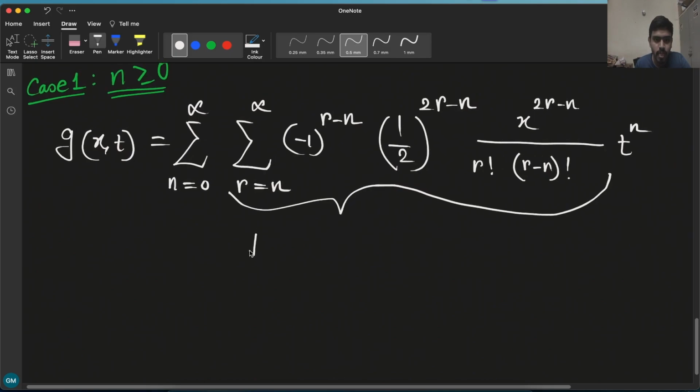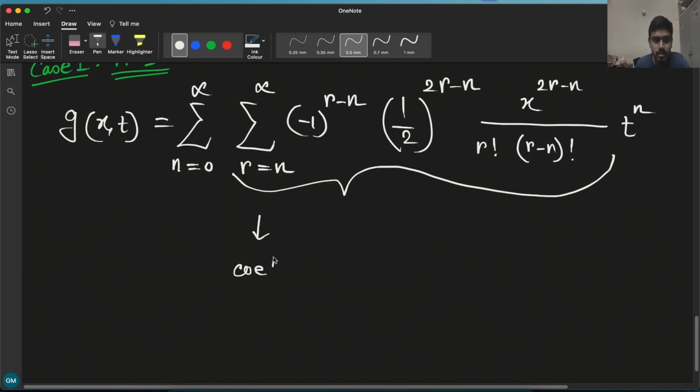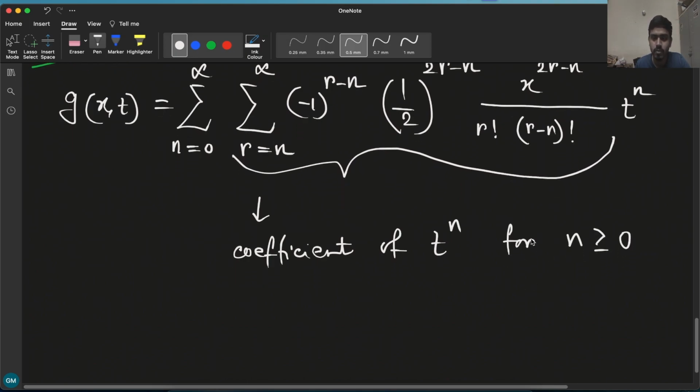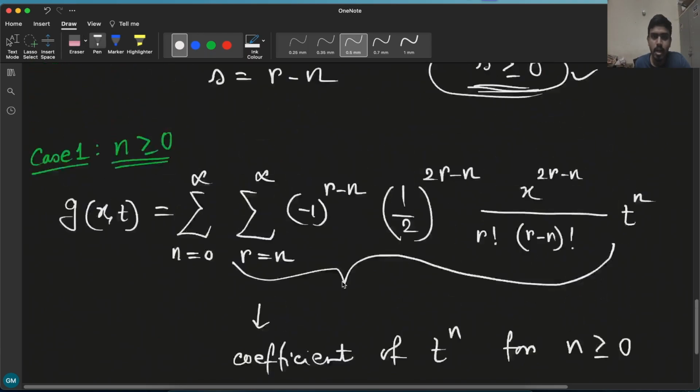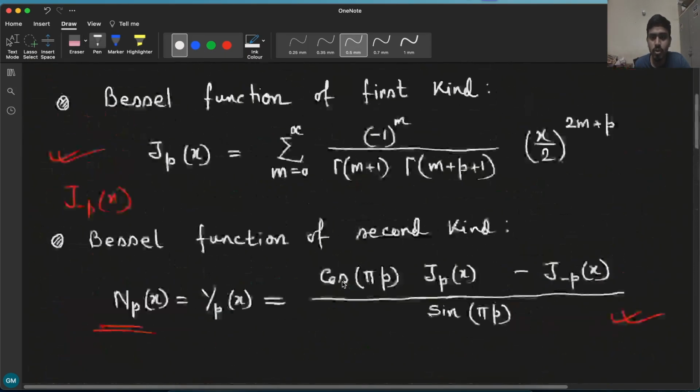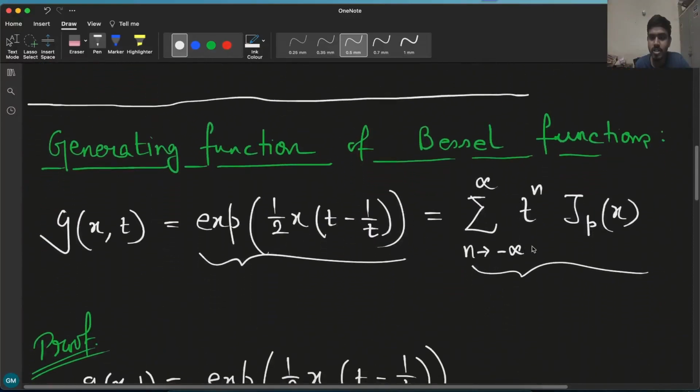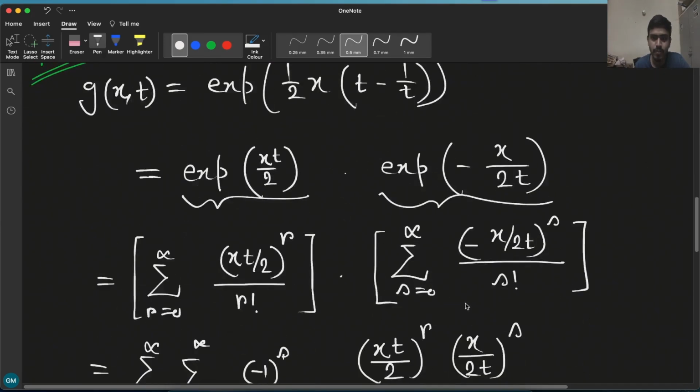So this is the coefficient of t to the power n for n greater than or equal to 0, because n is starting from 0. And we want to show that these coefficients of t to the power n are basically the Bessel functions of first kind.